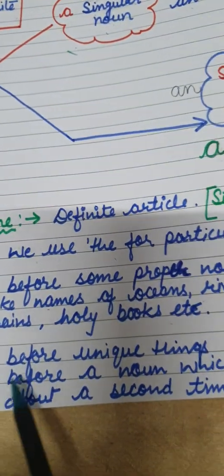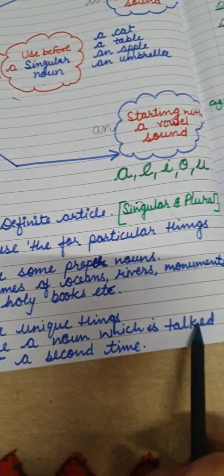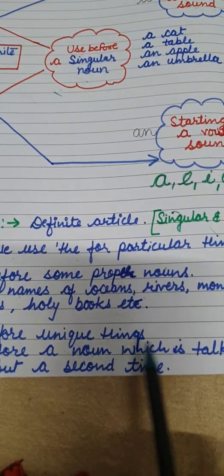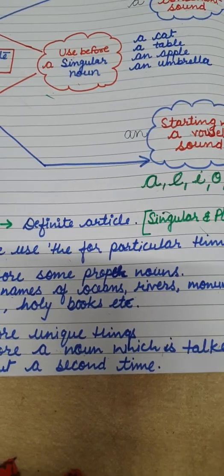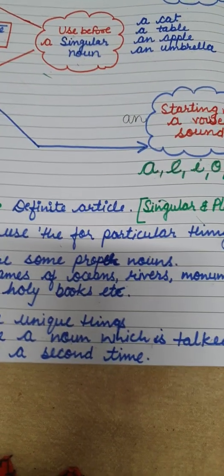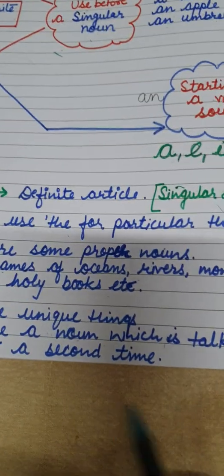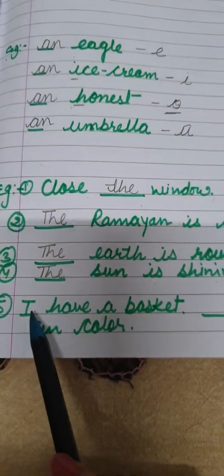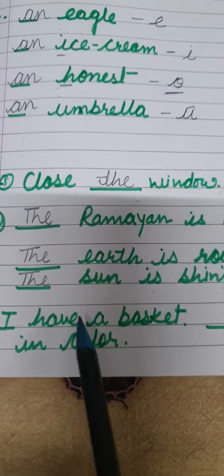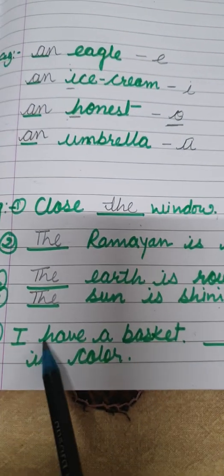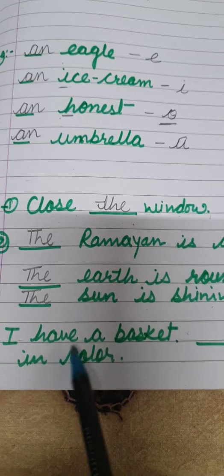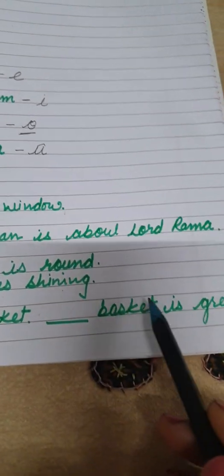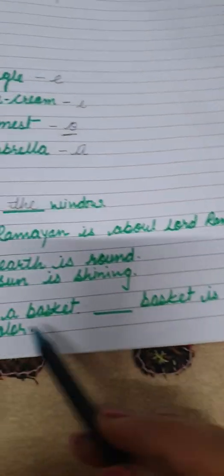And last is before a noun which is talked about a second time. Kids, if we are talking about a noun and we are talking about it a second time, we will use the. Let's see how. If I'm talking about a basket, I have a basket. Here kids, I'm talking about a basket. Again in my next sentence, I'm saying dash basket is green in color.